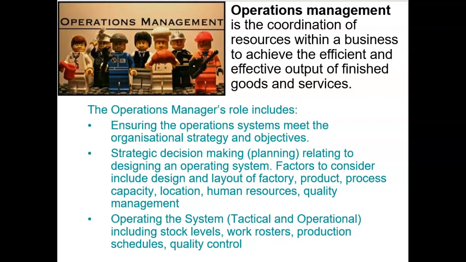So factors to consider include the design and layout of a factory, the product being processed, the process capacity of a particular product to run, or of the organisation, the location of the operations management system, the human resources that are required within the system, and quality management issues associated with the particular production of the product.